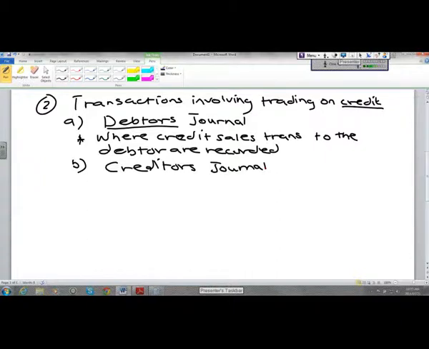So with creditors, we are buying, and we owe our suppliers. We call them creditors. So we can say it's a book where we record credit purchase transactions from the suppliers.